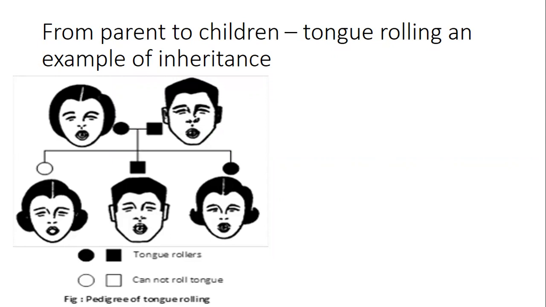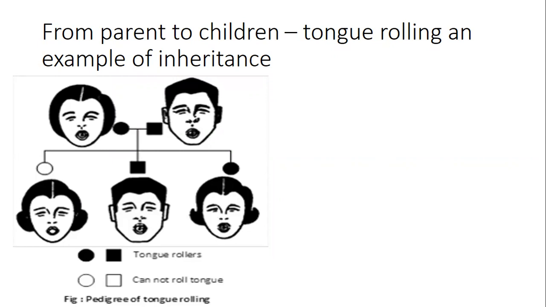If you notice here, when they have children, they have one daughter, one son, and one more daughter. Out of these three, two can roll their tongue and one cannot.